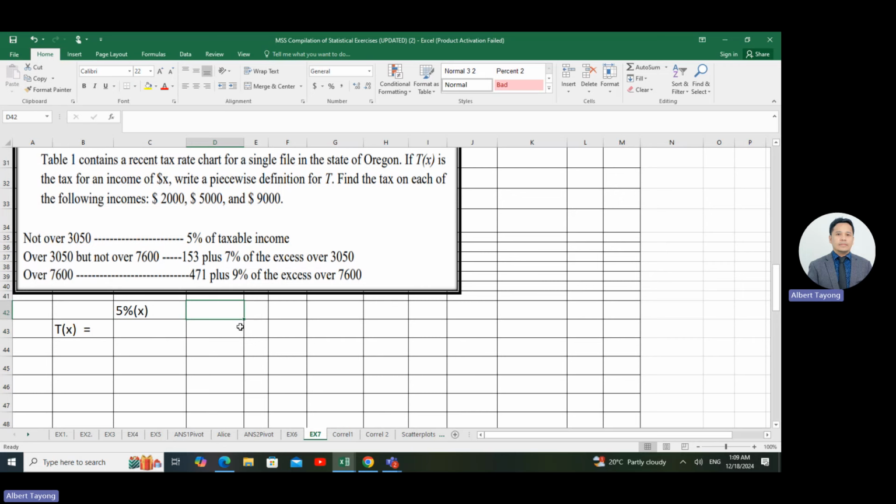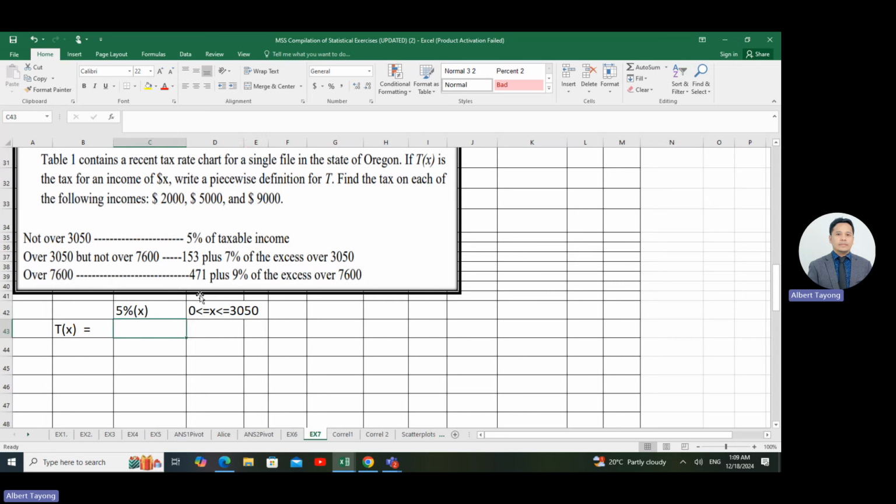So it means from 0 less than or equal to x less than or equal to 3,050. This means from 0 until 3,050. From 0, because if there is no income, it means 0. That's the lowest income.